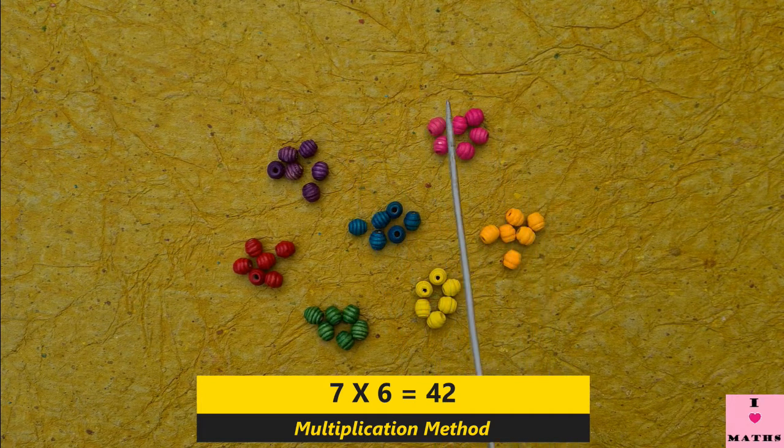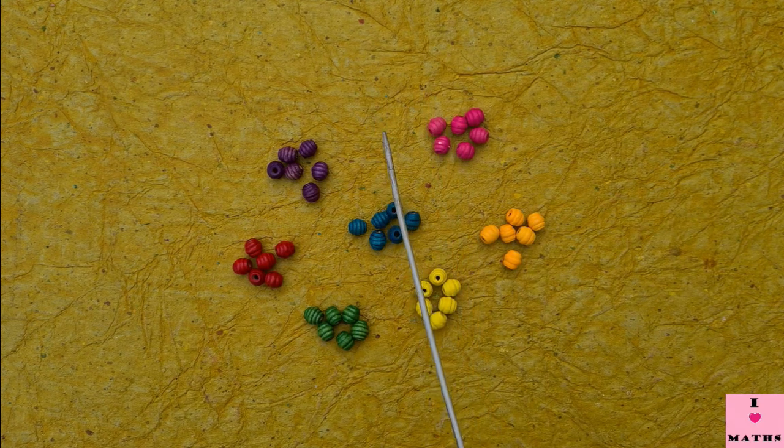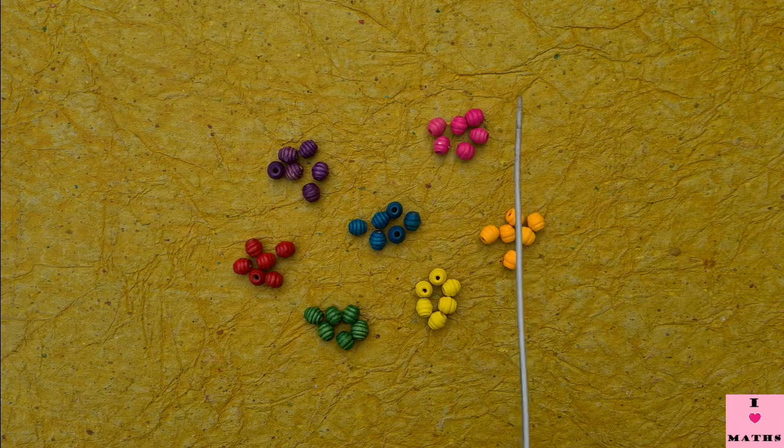So that is multiplication. 7 times 6 is equal to 42 is multiplication, and 6 plus 6 plus 6 plus 6 plus 6 plus 6 plus 6 is repeated addition. So children, you know repeated addition, and now you have learned that repeated addition is multiplication, and it is a faster way to find out things.